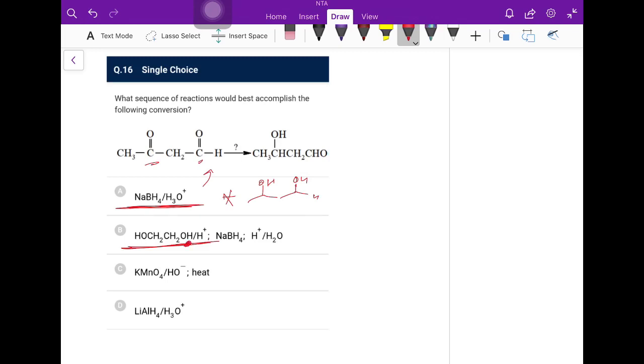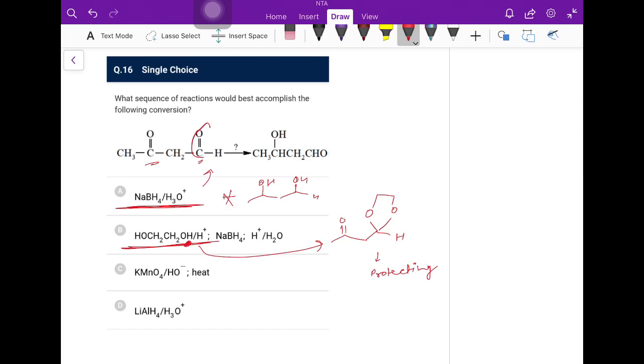This is glycol. When you react it with ethylene glycol, the aldehyde is the most reactive part here, and this will get attached with aldehyde, forming the cyclic ether, the acetal here. In the very first step, this will be formed, and this is called the protecting group here. Why protecting group?